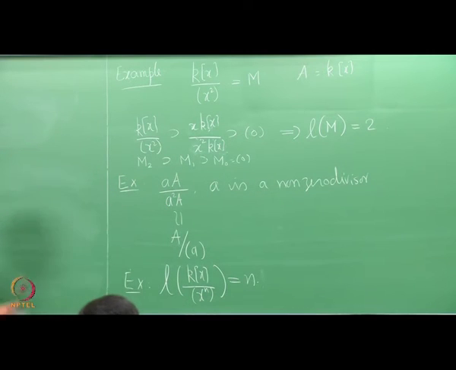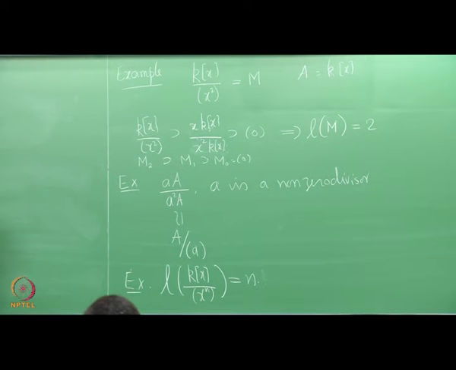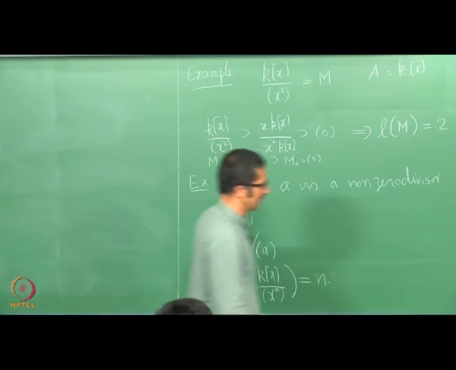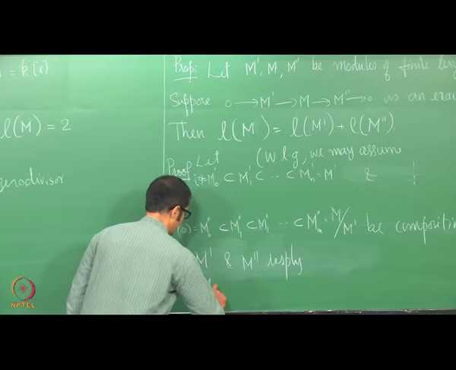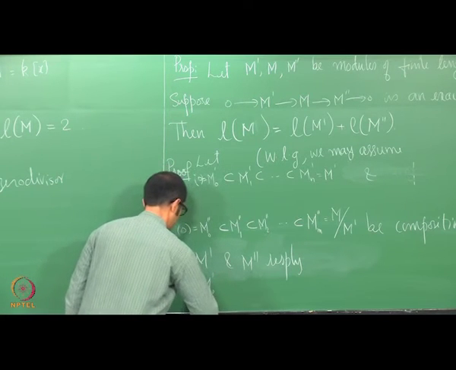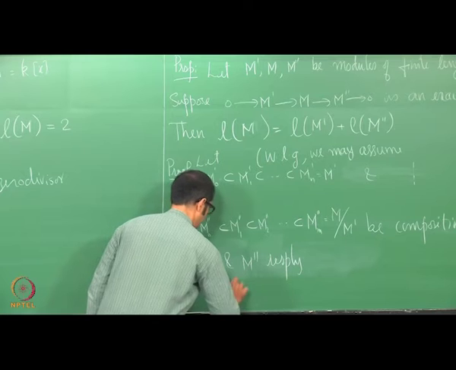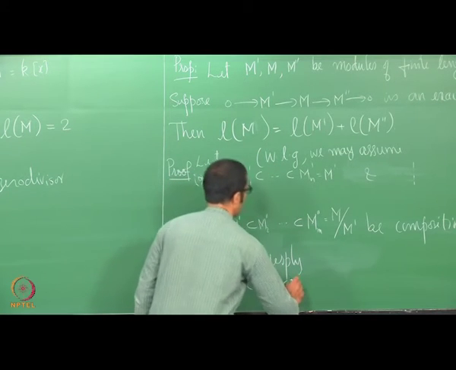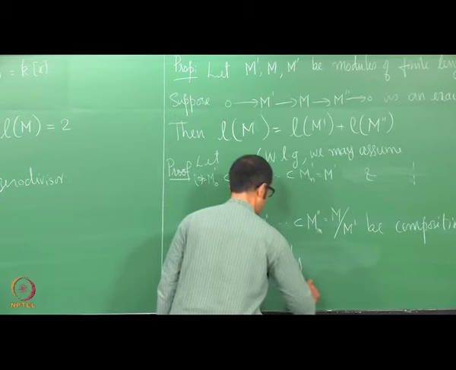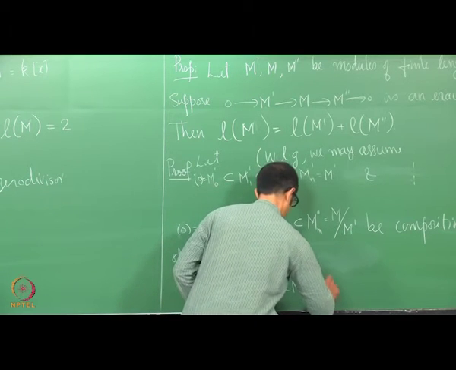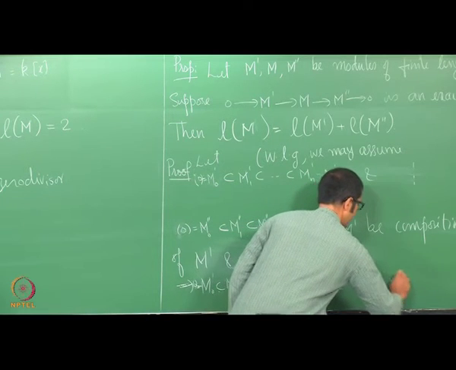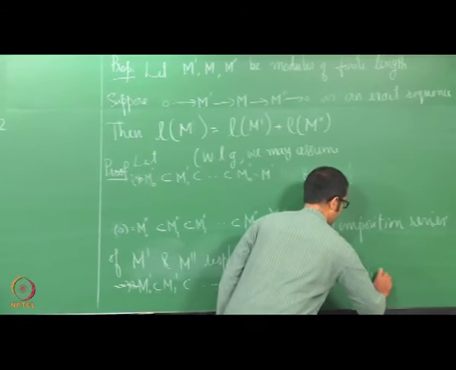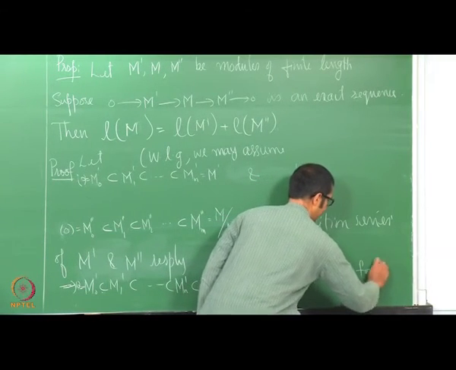Then M naught prime, which is 0, contained in M1 prime up to Mn prime, contained in M1 up to Mm is a composition series for M, and that gives the result.